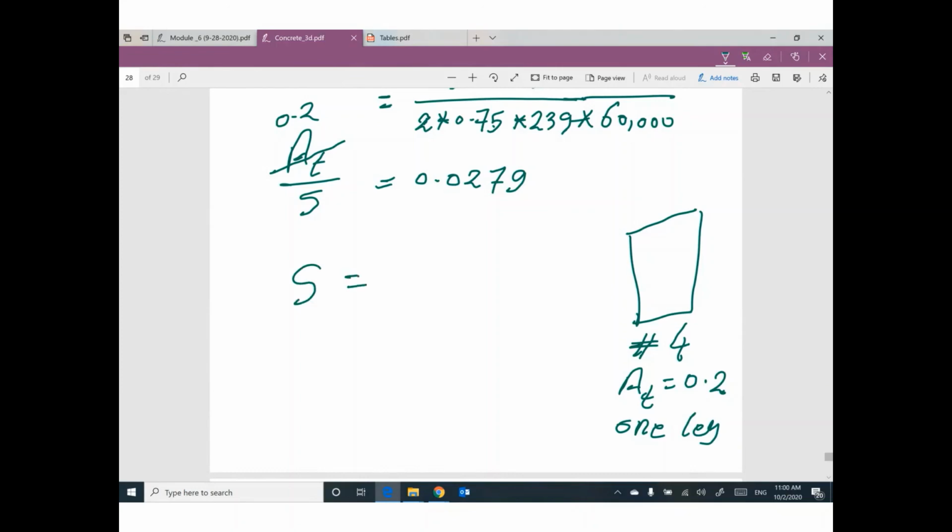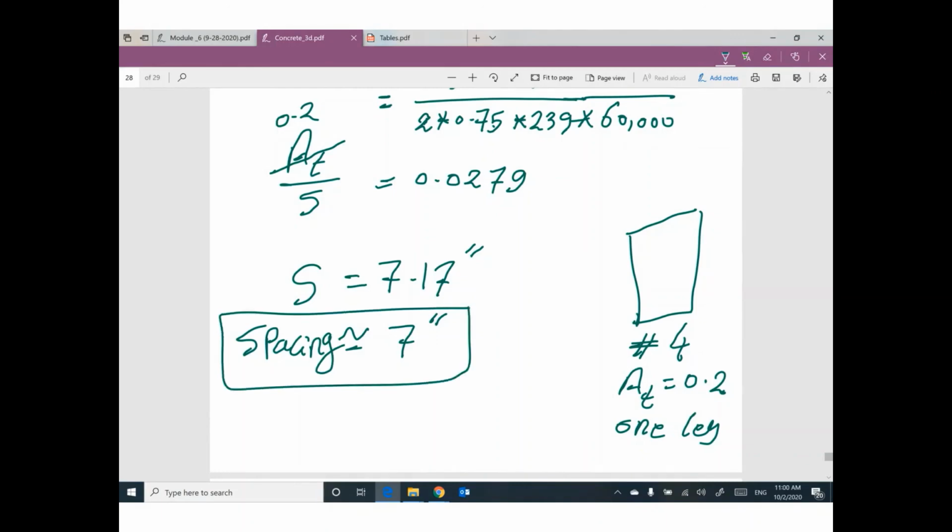We can figure out the spacing. It will be 7.17 inch. To make it easy in construction, it will be 7-inch spacing. Looks good. Your spacing is 7. It's a good number.